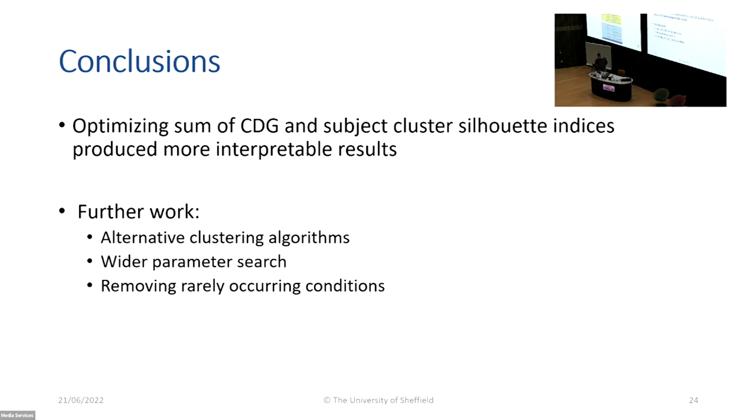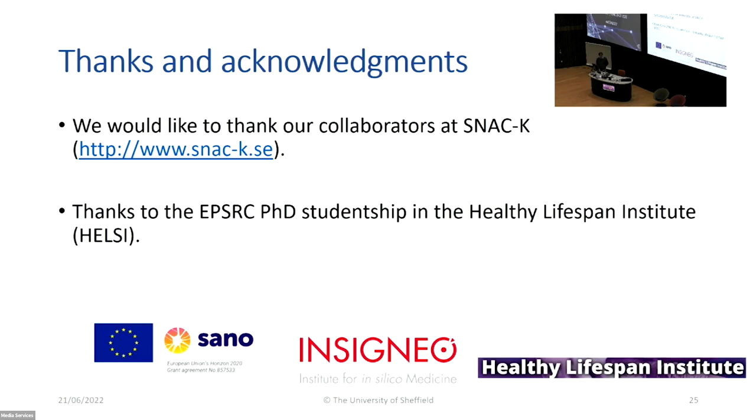Further work includes testing the pipeline with alternative algorithms, conducting a wider parameter search, and dealing with the sparsity of the data set as well. Thank you to everyone, and I'll take some questions.